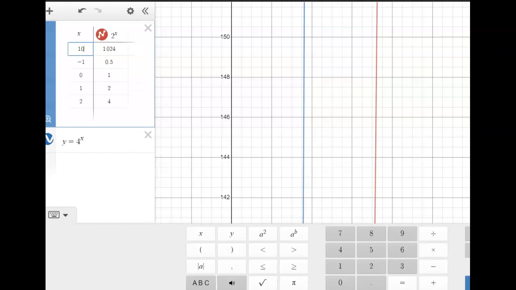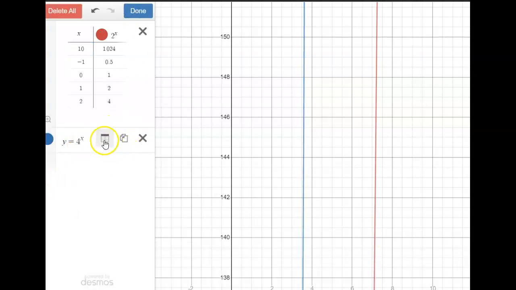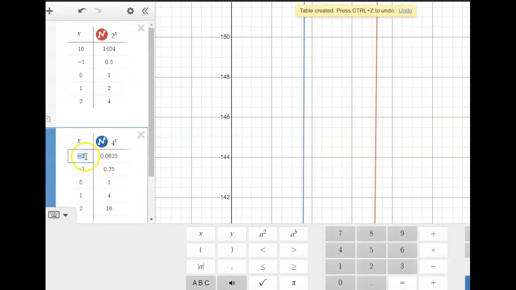Okay, let's try 2 to the power 10. And then if we try to get the table here for 4 to the power x, and we enter 100, you see the number, oh no, we were just going to use 10. There we go. It's still pretty big.